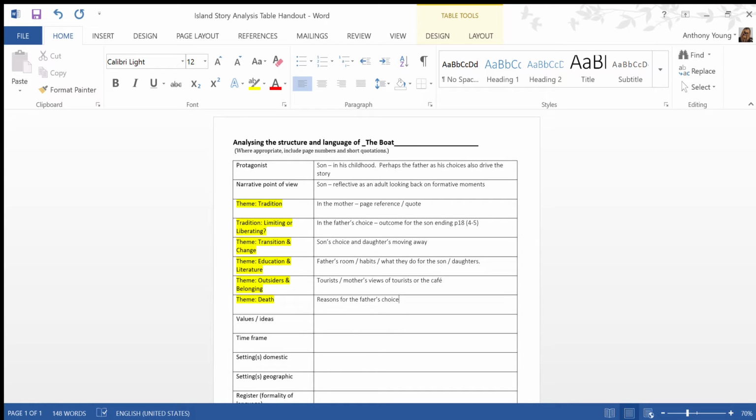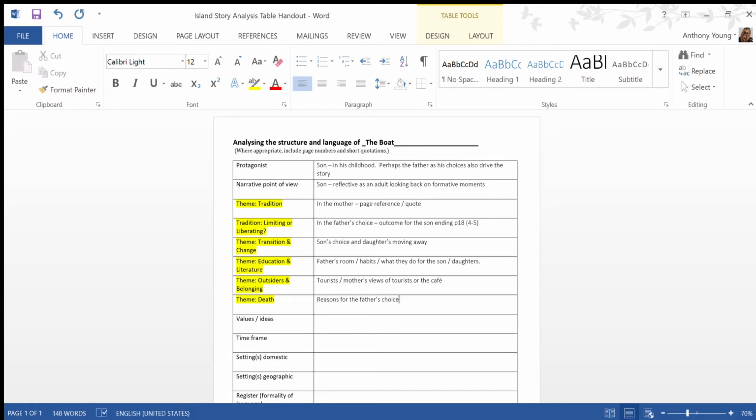Now, what you might start to see is that there's certain moments in the text that tie up a number of the themes. So what we can see here is the reading of literature ties into a number of things. We've got the transition and change, we've got education and literature, we've got even the connection to outsiders and a sense of belonging tied up in that literature that's kept in the father's room. And we've also got the mother and her behaviour tying into a few. We've also got the end of the text, the choice that's made, the decision and the pushing the son away.